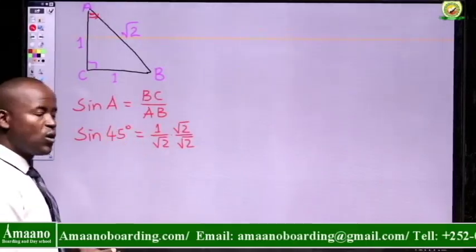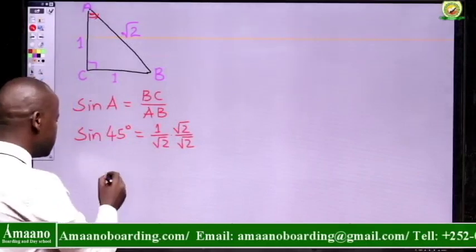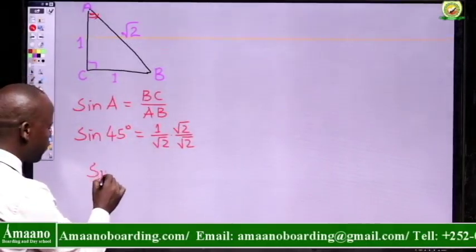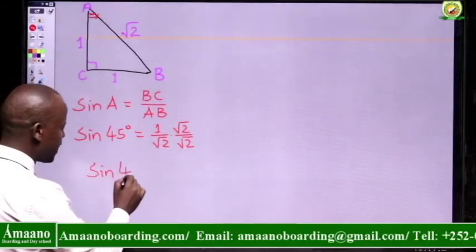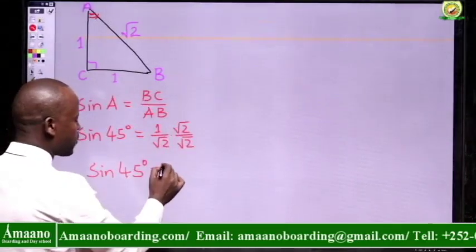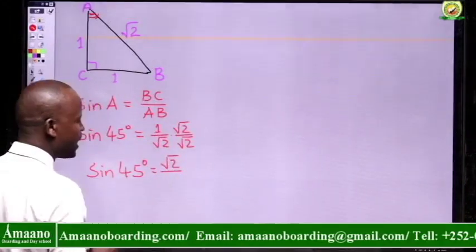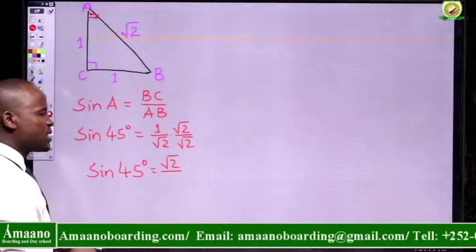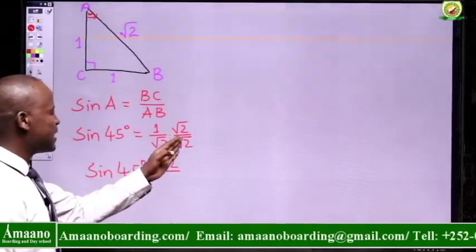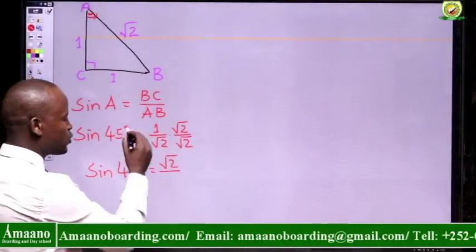We are changing the denominator into a rational number, so that sine of 45 degrees is equal to 1 times the square root of 2, which is radical 2, divided by the square root of 2 times the square root of 2. We multiply the numbers using the same radical, so that 2 times 2 is 4.